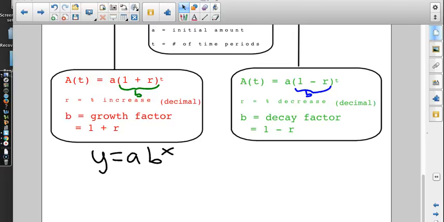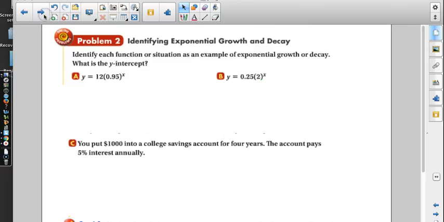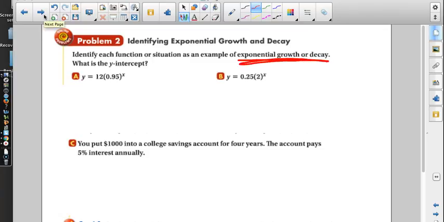So that's a big summary of all the wonderful things that we're going to do with exponential growth and decay. And on the next page, we just get started. It says identify each function or situation as an example of growth or decay. And then what is the y-intercept? All right, well, we have to figure out whether or not they added something to the base so that it's bigger than 1.